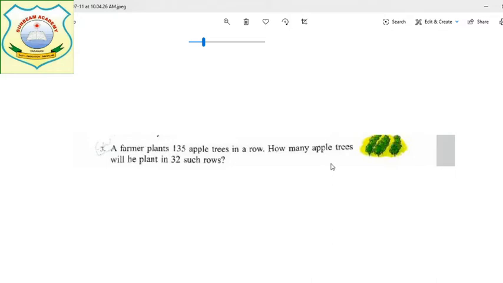Note down the question, children. The question is, a farmer plants 135 apple trees in a row. How many apple trees will he plant in 32 such rows? Hurry up, note down the question.